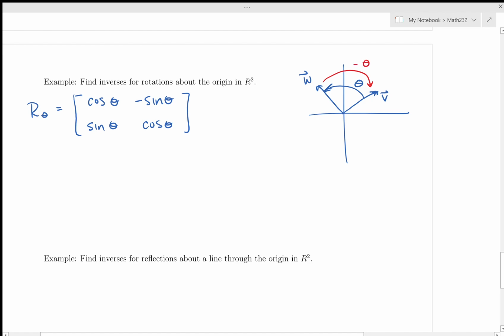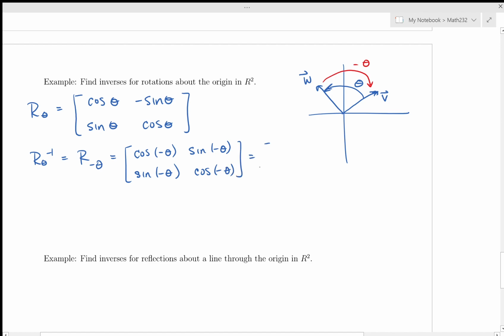Okay, so I would expect that the inverse of this matrix would be this. We'll show that it is. So I would expect, based on my geometric analysis there, that R theta to the minus 1 would be R of minus theta, which would be this guy here, cosine of minus theta, sine of minus theta, sine of minus theta, and cosine of minus theta.